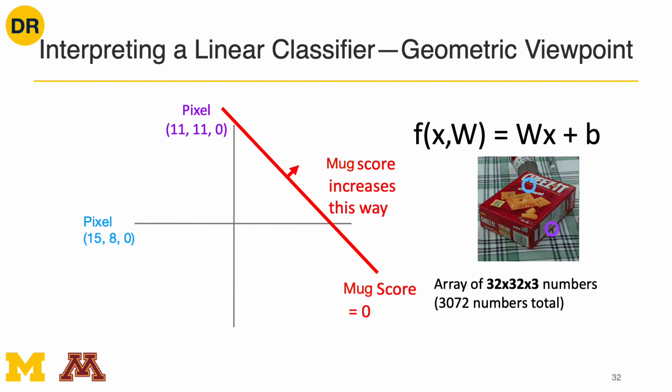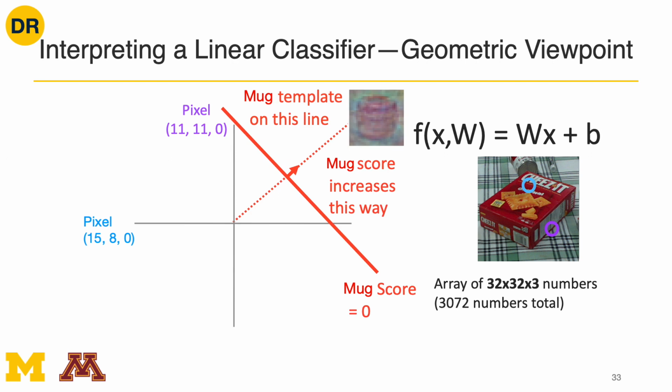One consequence of this interpretation is that our mug template that our model learned, if we treated that as an image, would exist along the line that is perpendicular to this level set of scores somewhere within pixel space. It would correspond to a very high score. If we normalize the image, it would be the maximum score, but that's probably more interpretation than we need.